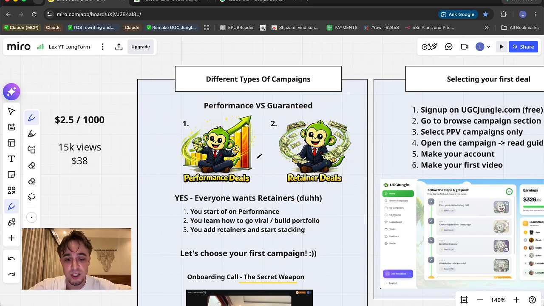The only thing is that these performance-based deals don't have that much risk, because they're giving you the content styles. They know if you get a lot of views on this content style, they're making money themselves. They've tested that with hundreds of creators. With the retainer deals, if you're not performing, they can burn money. They can put money into something that doesn't give them the return on investment.